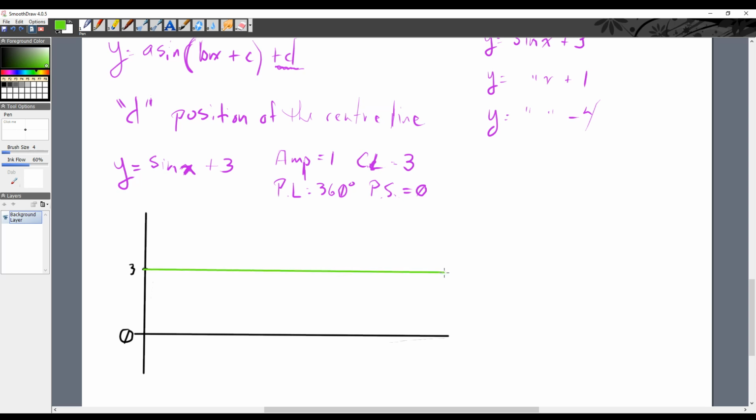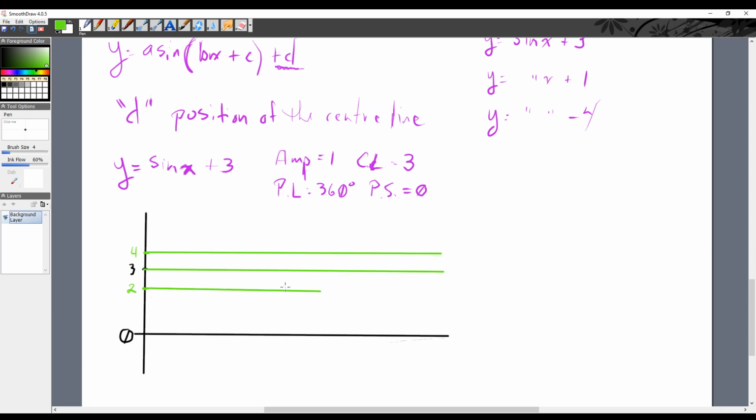Now, amplitude of 1. The amplitude tells me how far away from the center line I can get. Here's my center line. 1 up from that takes me to 4. 1 down from that takes me to 2. And I'm going to draw in my framing windows for those ones.